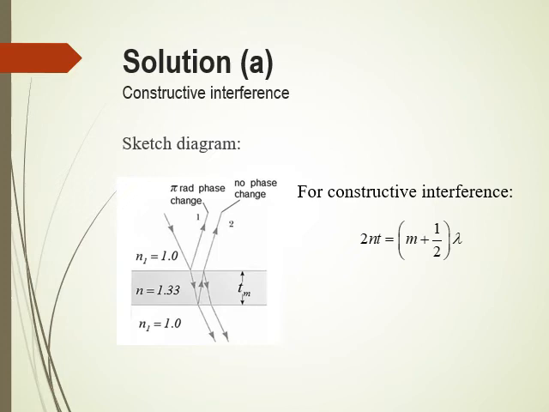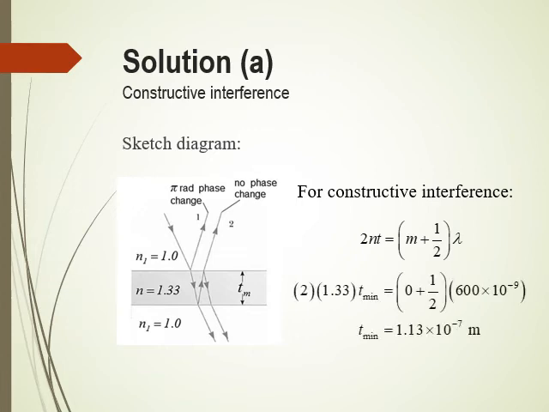Because t is directly proportional to m. If you want the minimum thickness, you use the smallest m, and the smallest value of m is 0. Substitute the values into the equation, and you will get t minimum equals 1.13 times 10 to the power of negative 7 meter.